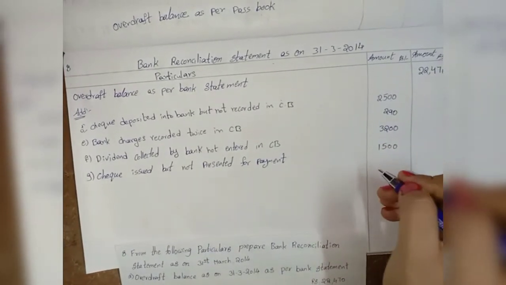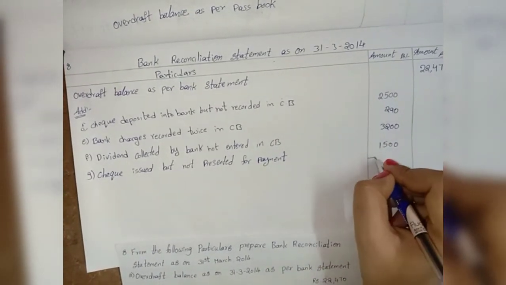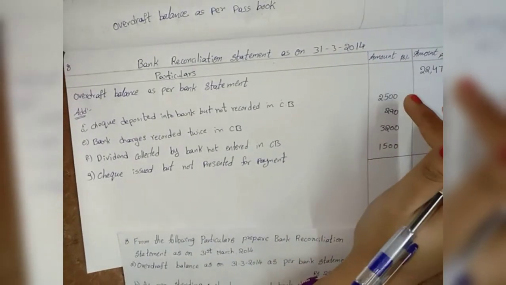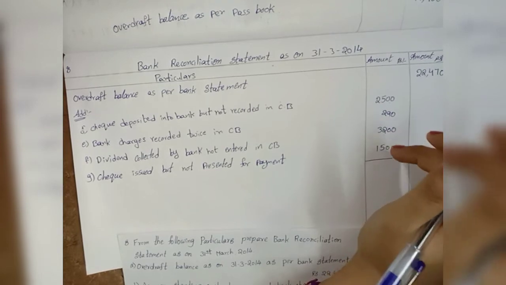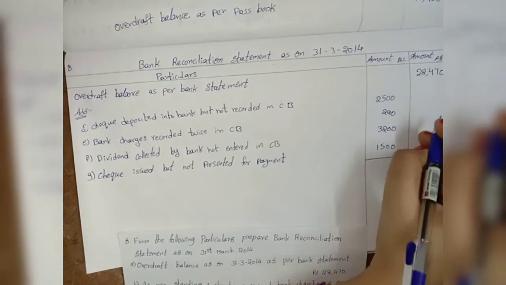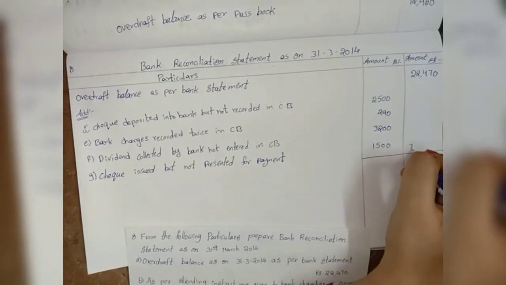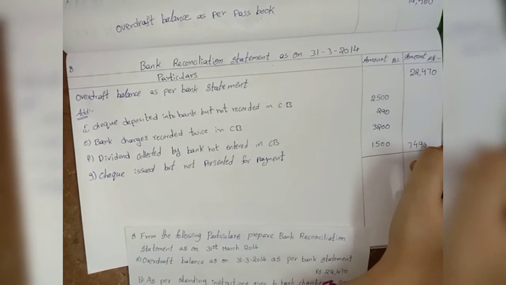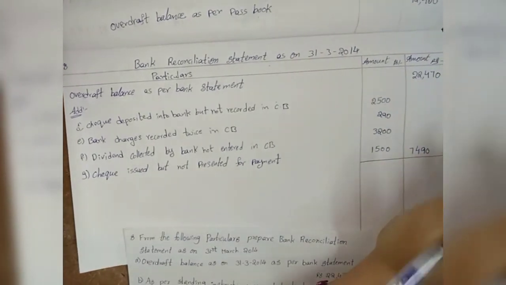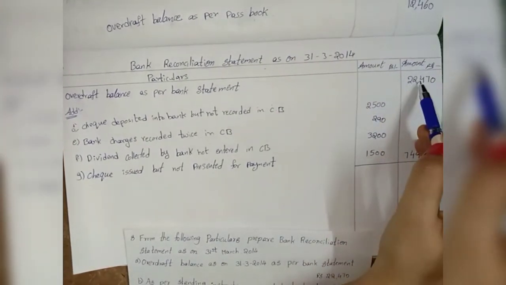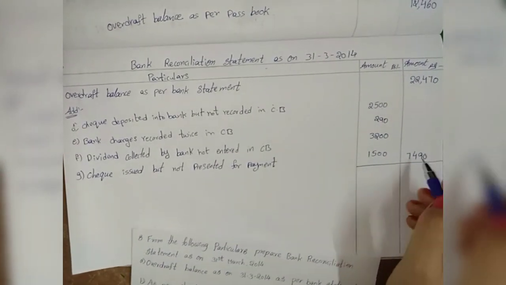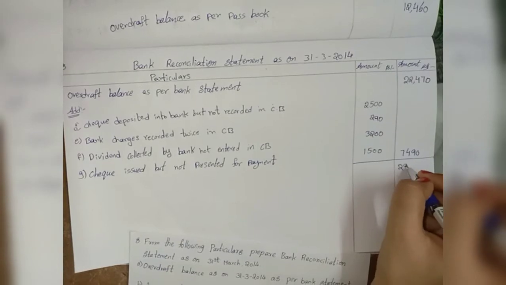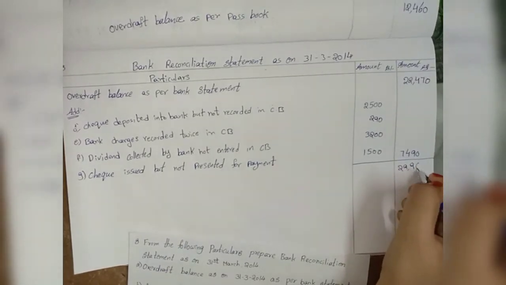So there are no more transactions. We make the total: 2,500 plus 290 plus 3,200 plus 1,500, and the total is 7,490. And 22,470 plus 7,490 gives a total of 29,960.